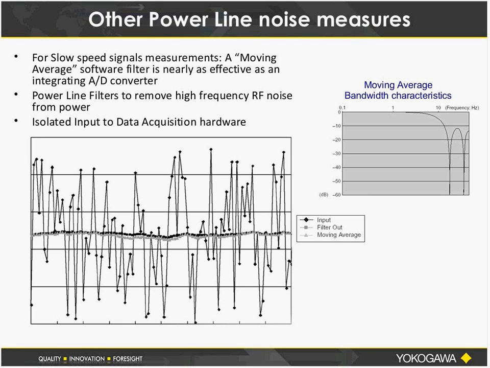So moving average filters or integrating A to D converters are good ways to deal with power line noise if you can't eliminate it. Sometimes you can eliminate power line noise if it's conducted as a form of common mode voltage or if it's radiated as EMI, and we'll talk about those in the noise sections a little later.